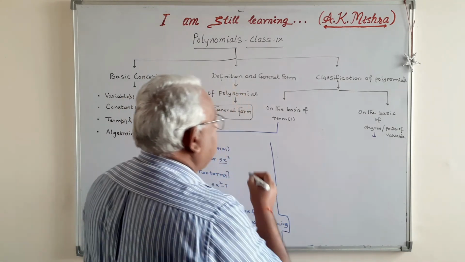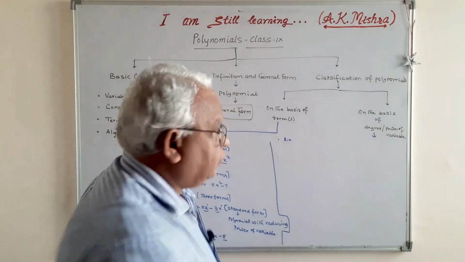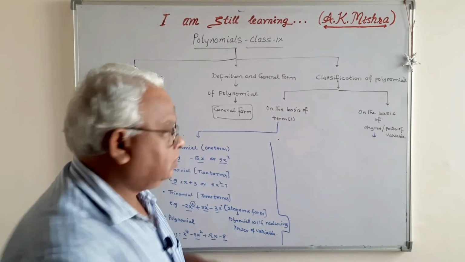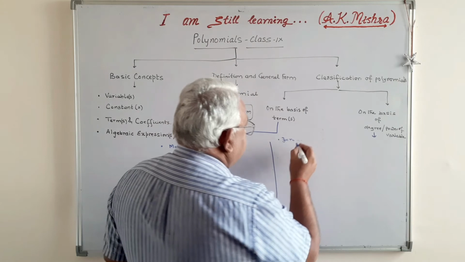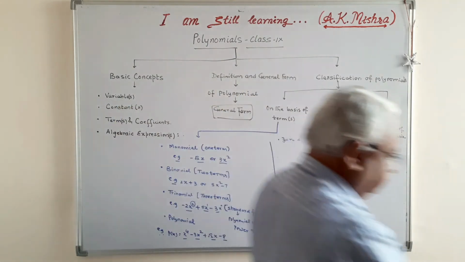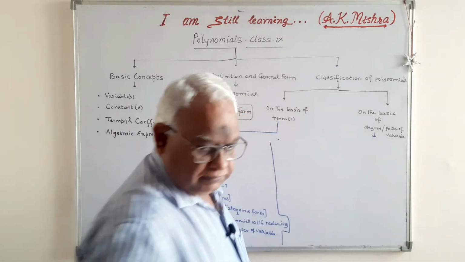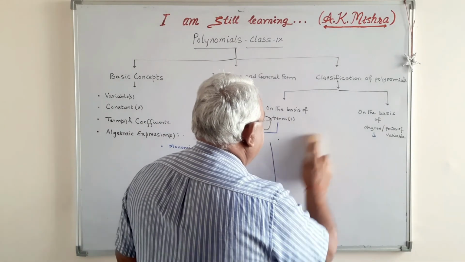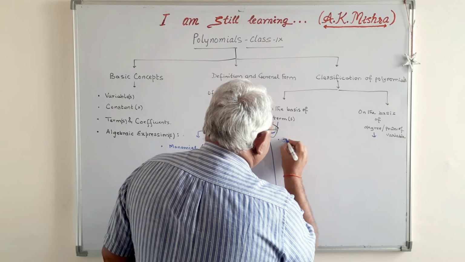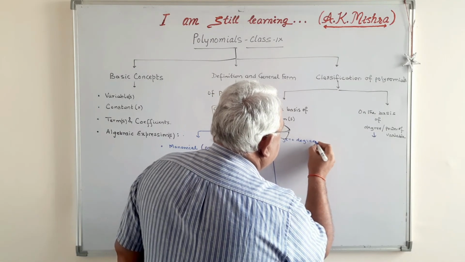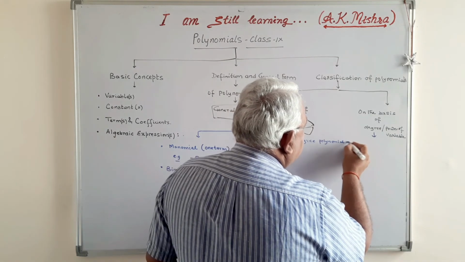On the basis of degree, before linear, you can talk about the zero polynomial, the zero-degree polynomial. A zero-degree polynomial means it is a constant.